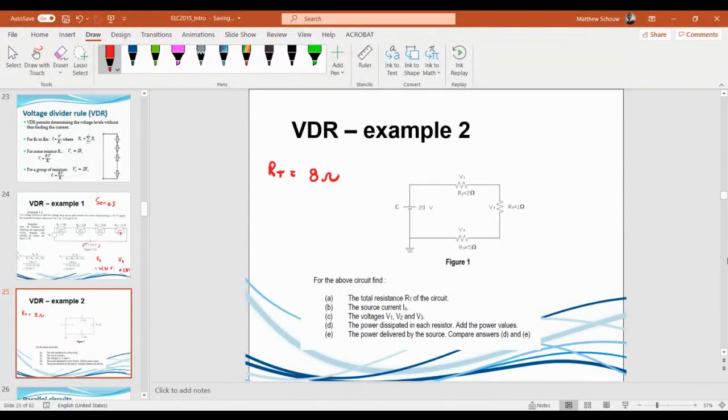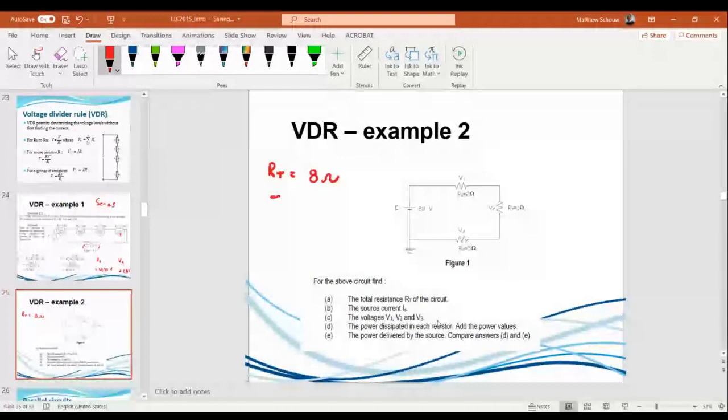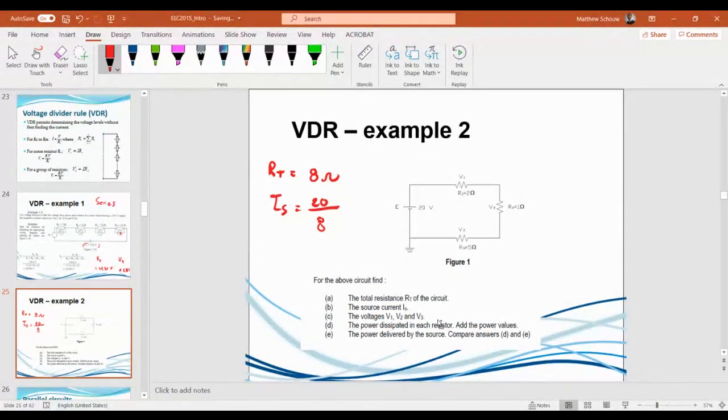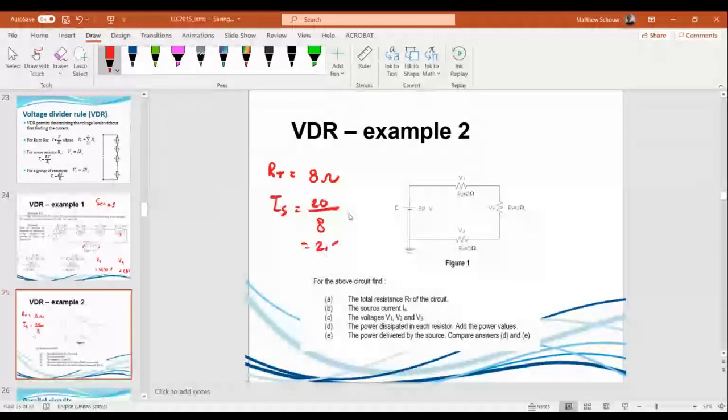Okay, that's good. And the total current, that's going to be easy. That's going to be 20 divided by 8. What does that give us? 2.5 amps. And the voltages are V1, V2, V3.